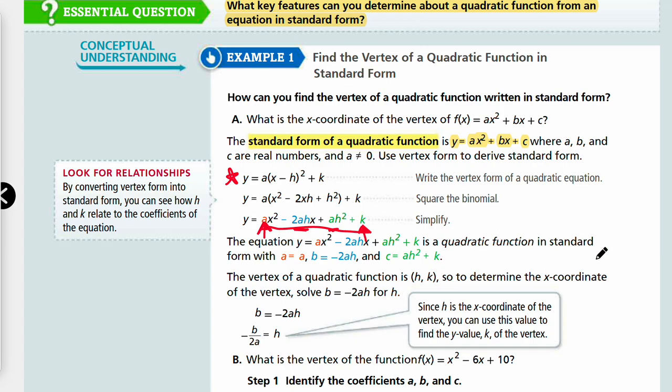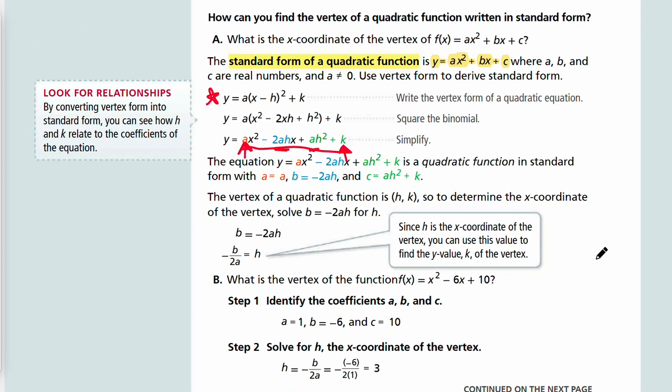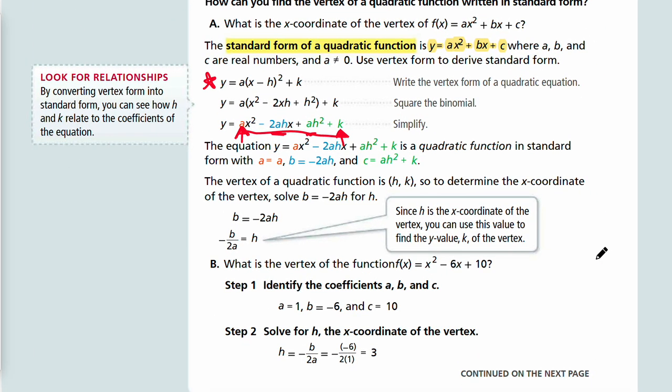So keeping that in mind, let's also look at this equation. The vertex is h comma k. So in order to get the x coordinate, which is h, we can say that b would be negative 2ah in the standard form, right?